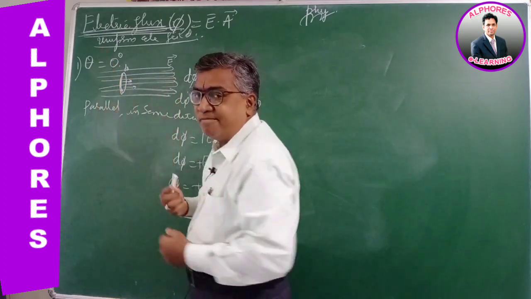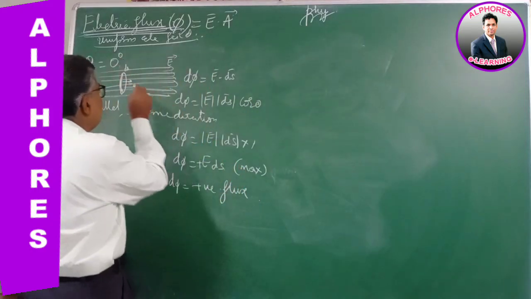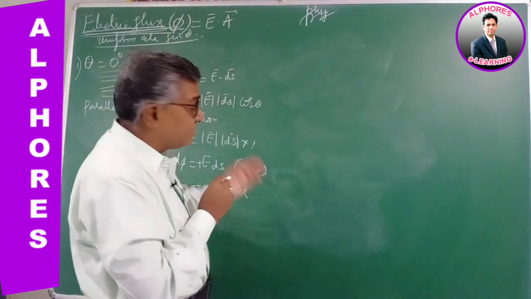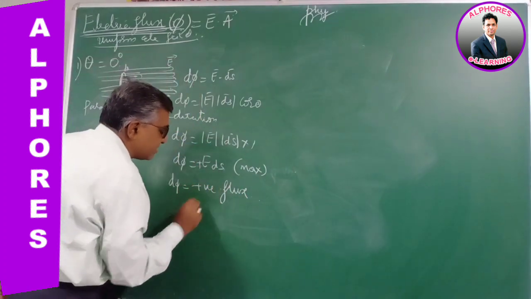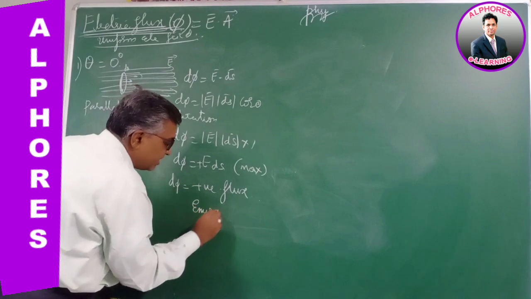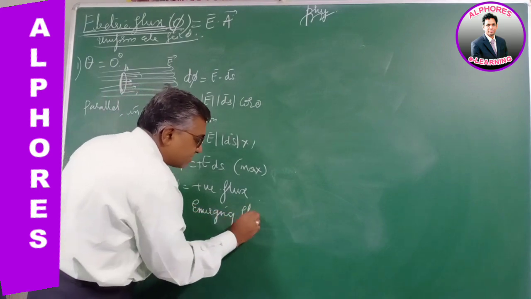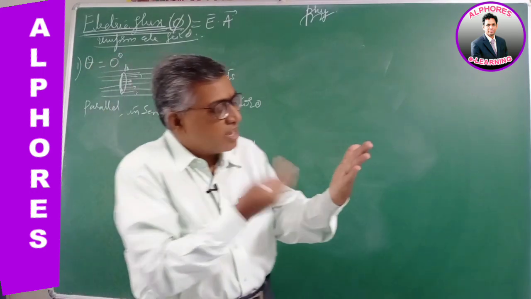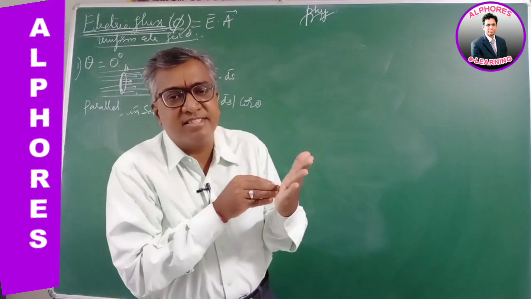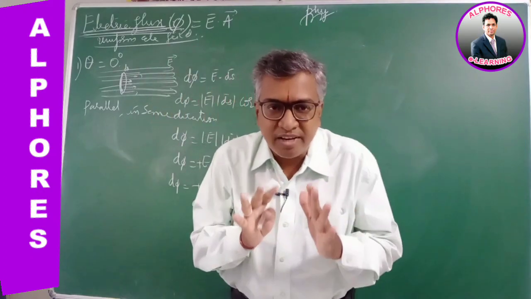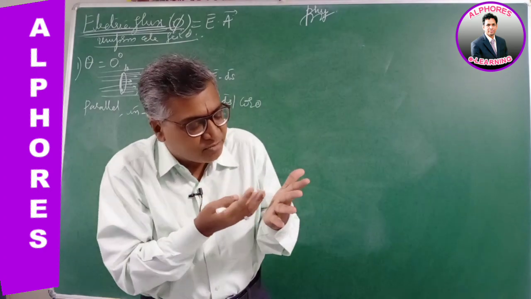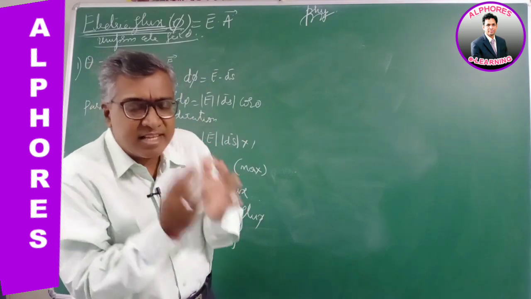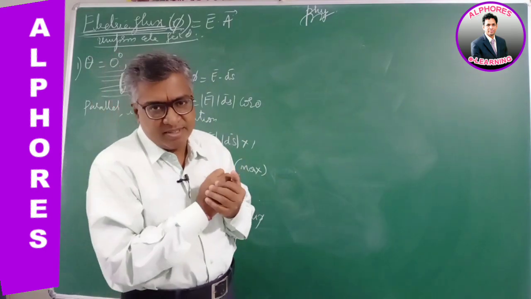They are emerging flux, also called emitting flux, emitting out of the surface. So whenever you come across a case where the electric lines of force are coming out normally, away from the surface, then this flux is termed positive flux, plus flux.